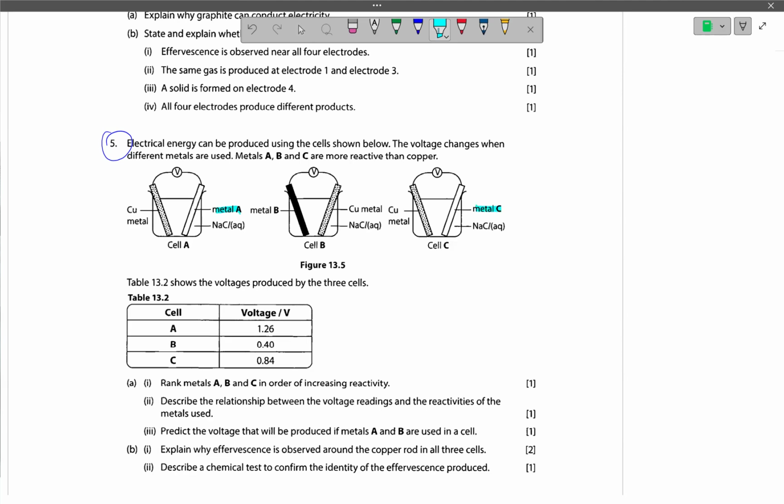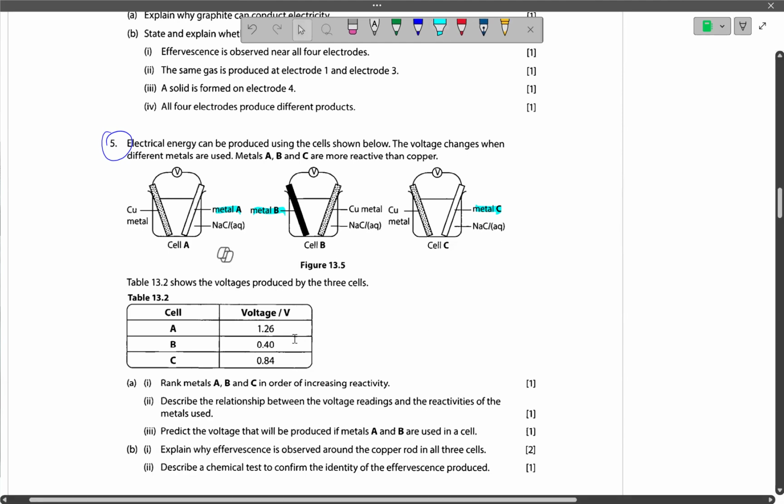Metal A, metal C, metal B. The rest are all the same. See whether that is a trick.